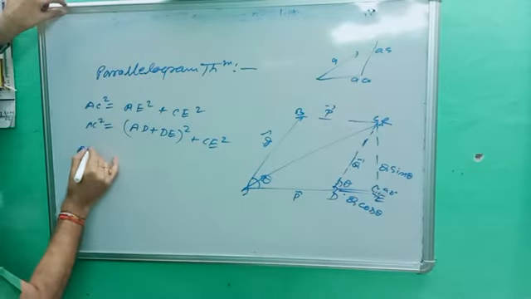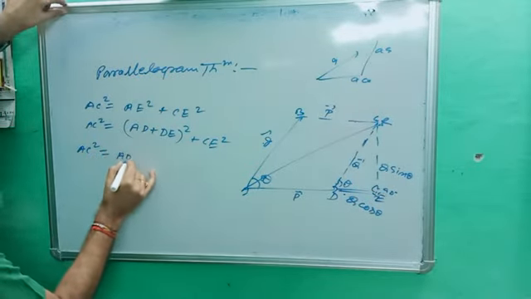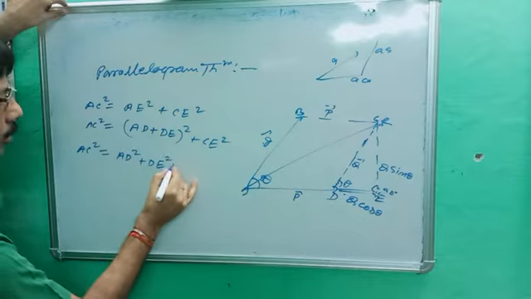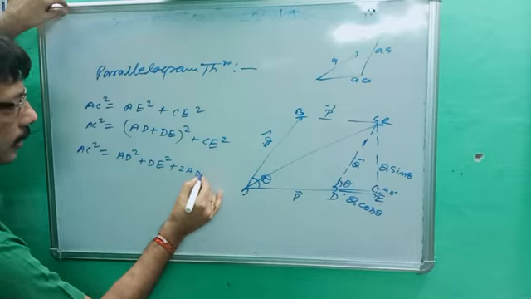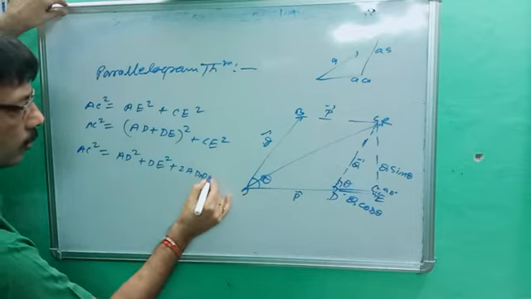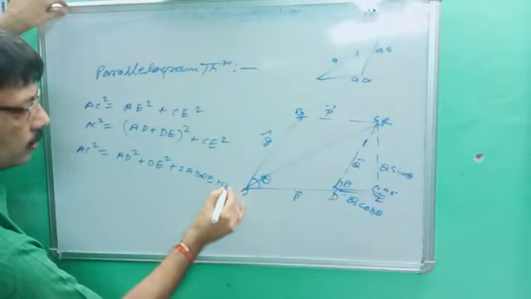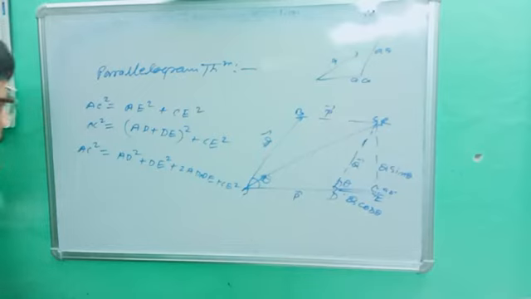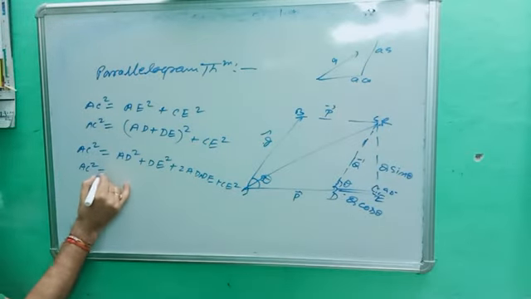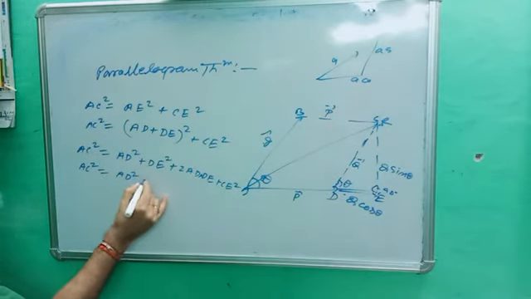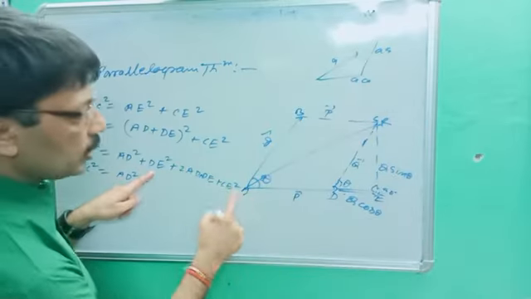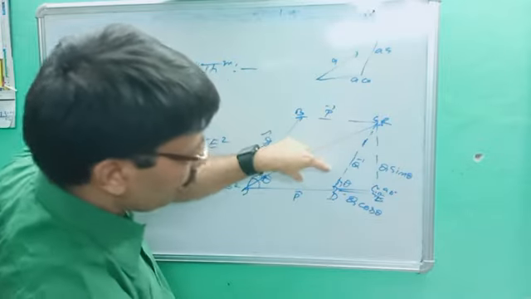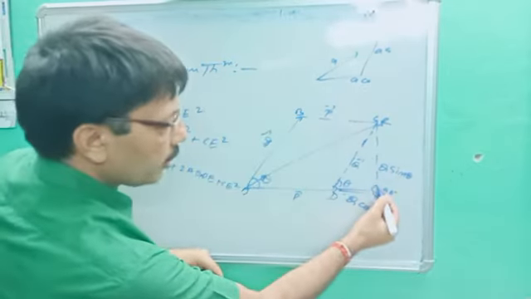Again, AC square is equal to AD square plus DE square plus 2 AD into DE plus CE square. Are you getting the point? Okay. AC square is equal to AD square plus DE square plus 2 AD into DE plus CE square. You can check there. DE square plus CE square is equal to CD square. Are you getting? Again we apply Pythagoras theorem here.